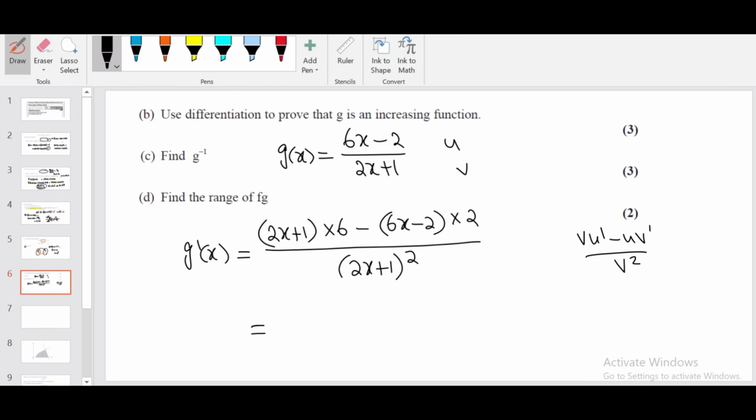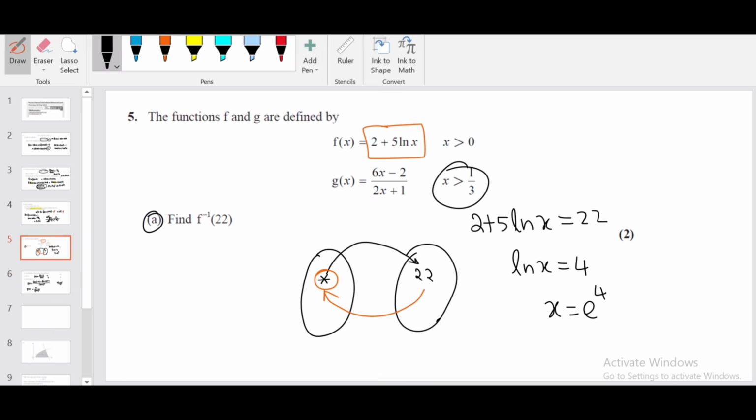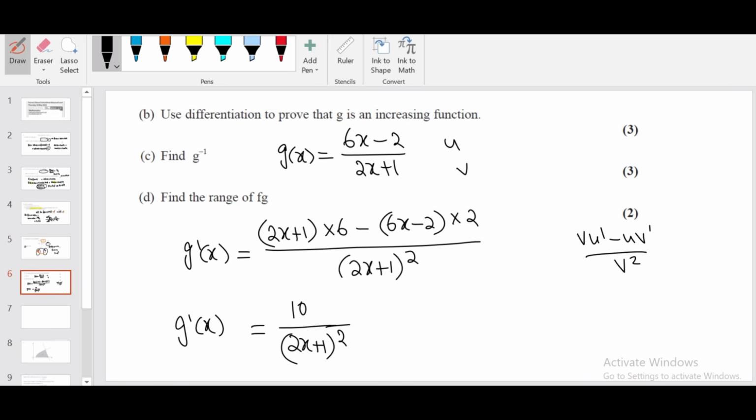So when you simplify this, the 12x will be cancelled. You will get 6 plus 4, 10 over 2x plus 1 whole square. That's g dash of x. In g of x, the domain is this, x takes all the positive numbers. So definitely you need to write 2x plus 1 whole square is greater than or equal to 0 for all x greater than 1 over 3, right?